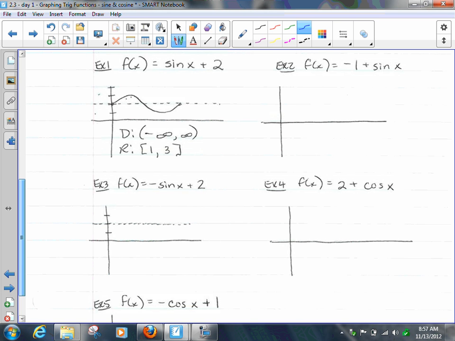Let's look at example 1, which is done for us. Look at example 2. Just to refresh, where is the line of oscillation? It's at -1. Now, I would like that to be rewritten so that my vertical shift number is at the end. And when I draw that -1, whether you draw it with a solid highlighted line or a dotted line, it doesn't matter.